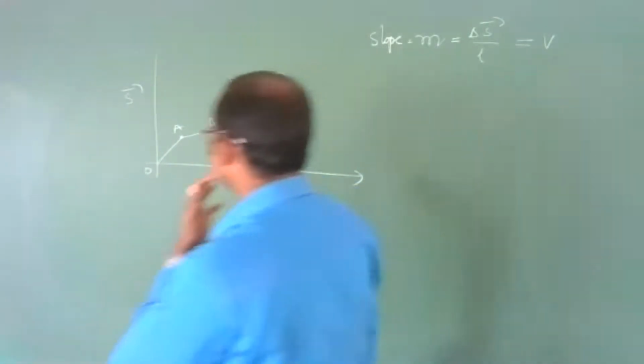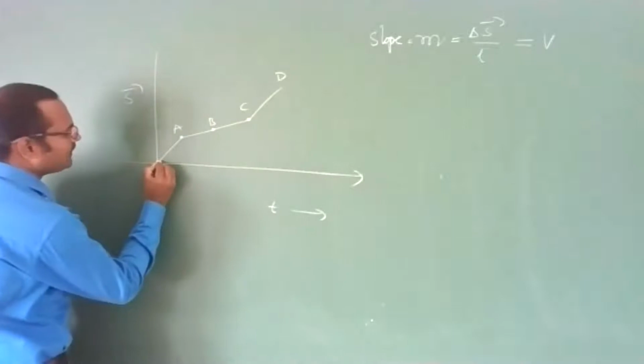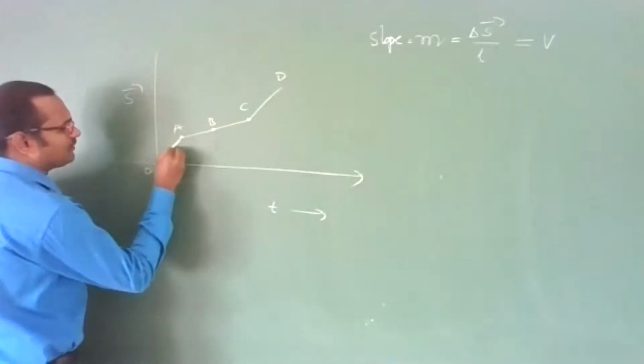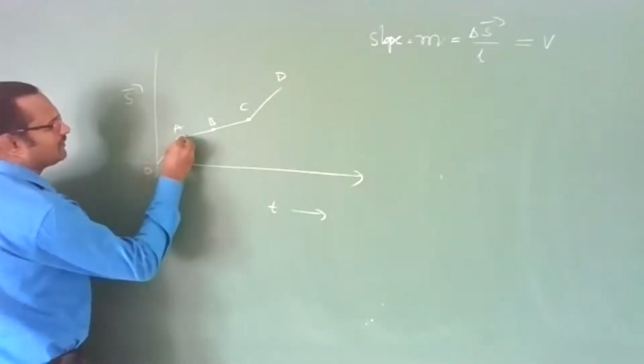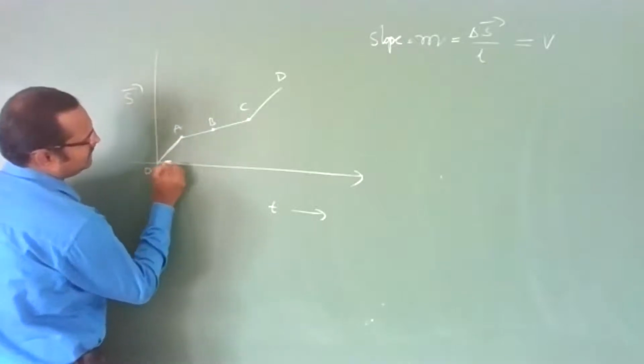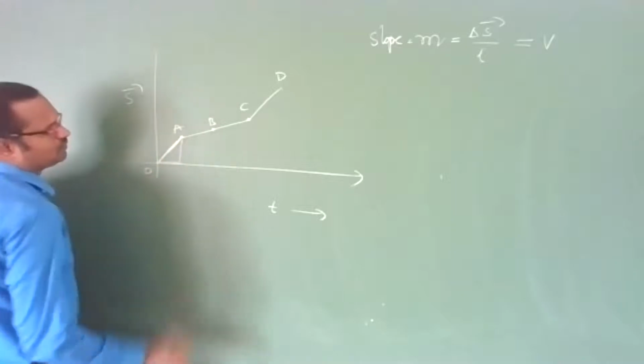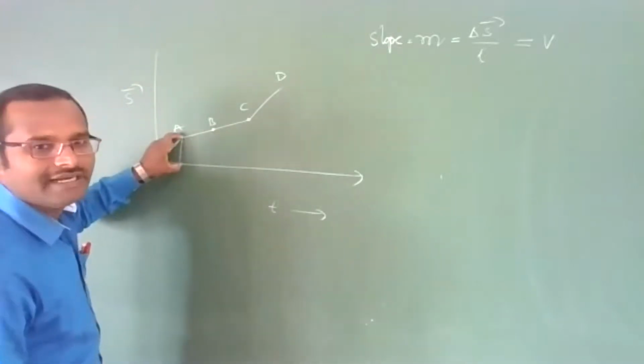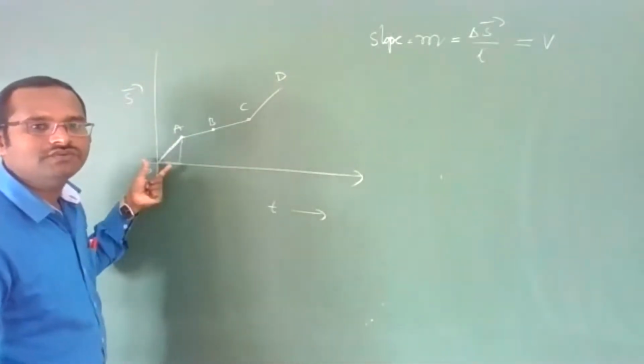See here, during O to A, this slope is positive, delta y by delta x is a positive value.